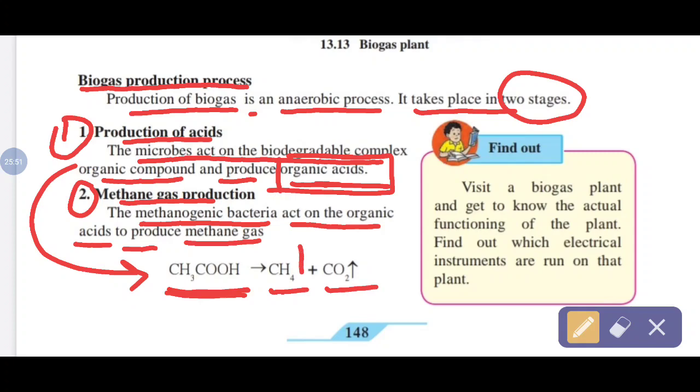Both are gases. Show the upward arrow here in case of methane also. Upward arrow means gas production takes place. So with the help of methanogenic bacteria acting on the organic acid, methane gas plus carbon dioxide gas is produced. Clear all of you?